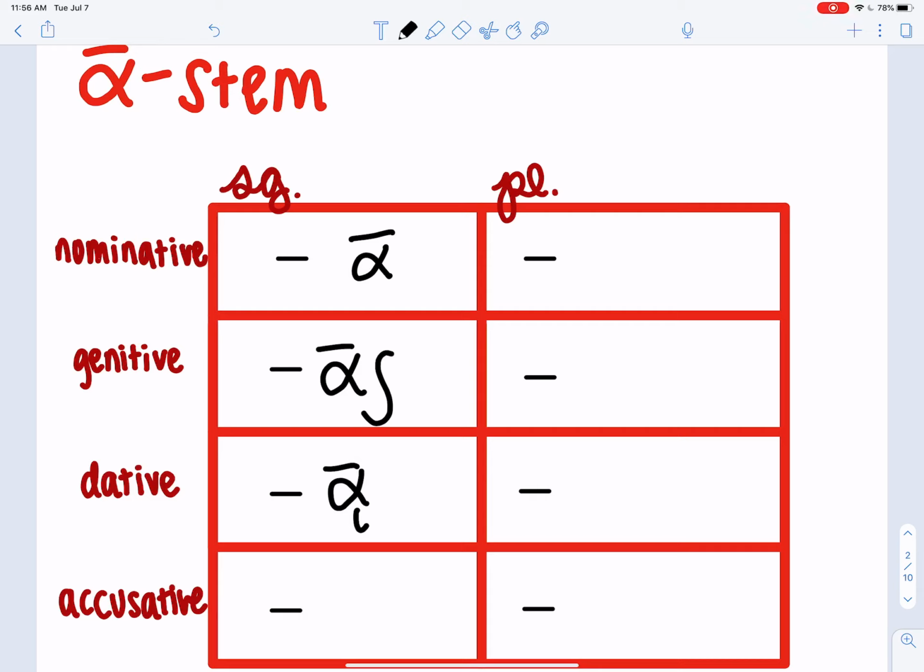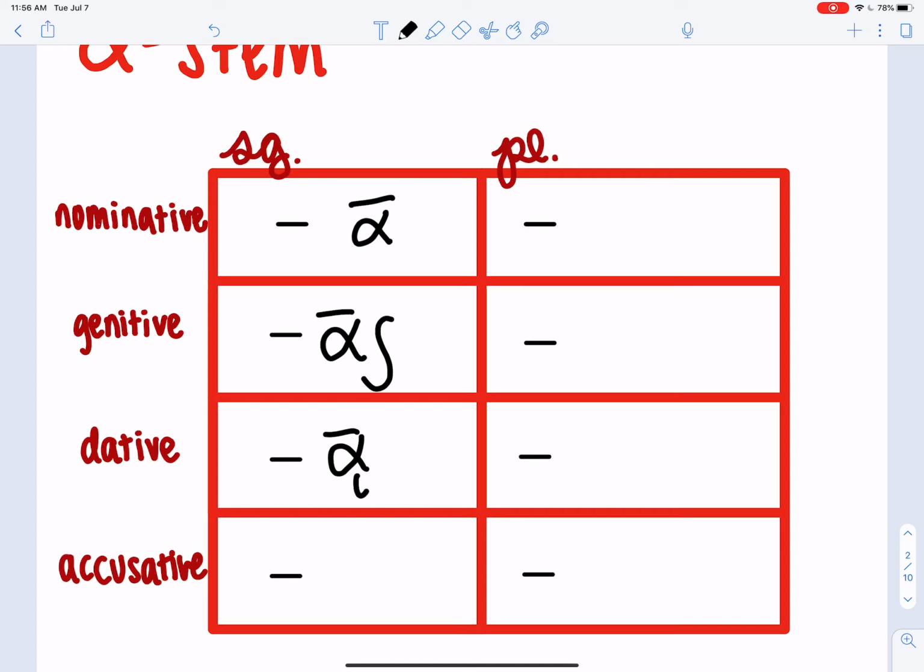As for translation, dative is commonly translated as to or for the noun, but is also part of our substitute for the ablative. If anyone's curious, the dative is actually technically a substitute for the Indo-European instrumental and locative cases, but we're just going to think of it as part of the ablative replacement because I think that's more comfortable for most of us. So, that is all for dative.